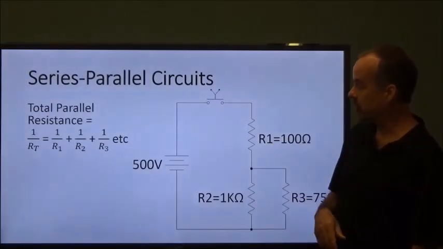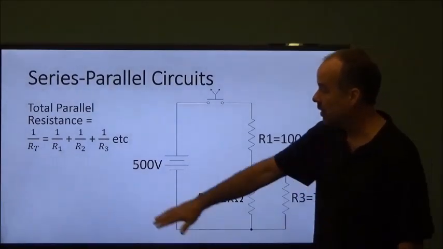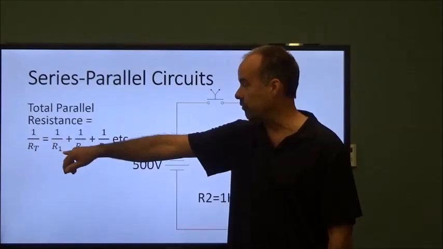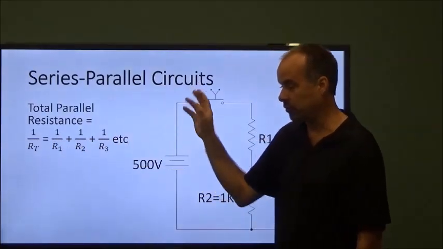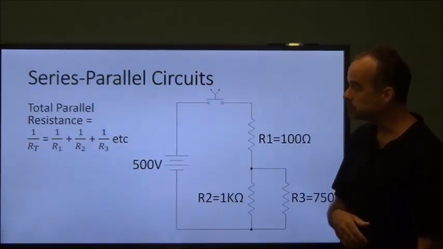First, I want to determine my equivalent parallel resistance here. Going back to lesson 7, where we looked at how to determine parallel resistance, we use this formula: 1 over RT equals 1 over R1 plus 1 over R2, and so on, depending on how many resistors we have in our network.